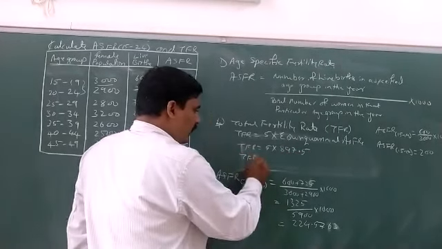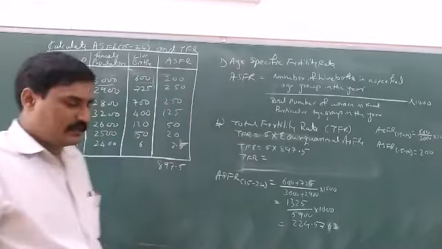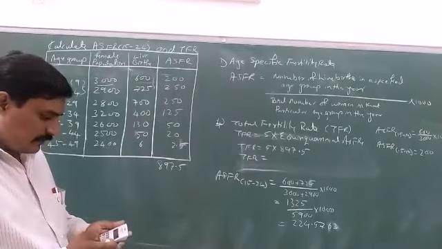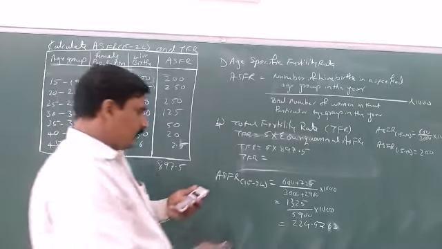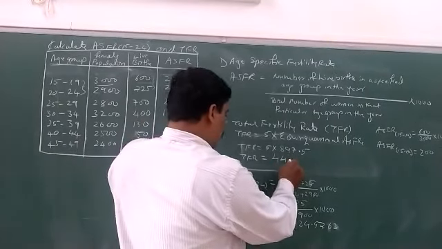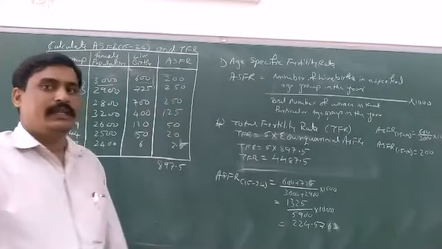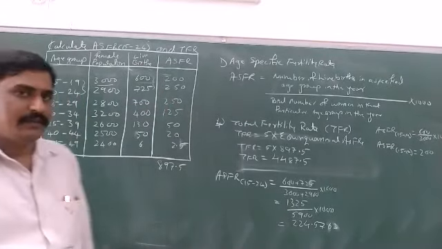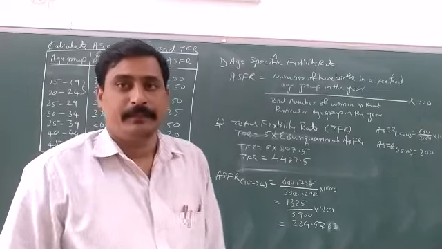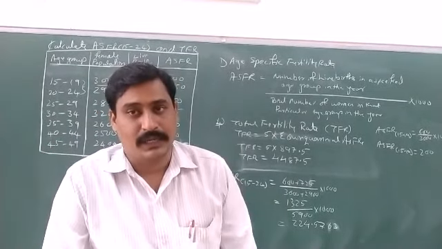So TFR is equal to 897.5 into 5, that is 4487.5. So TFR is 4487.5.